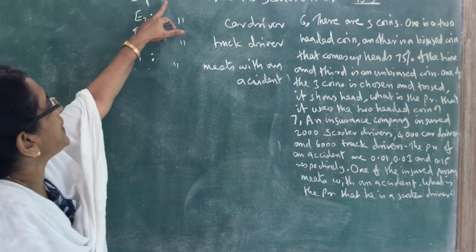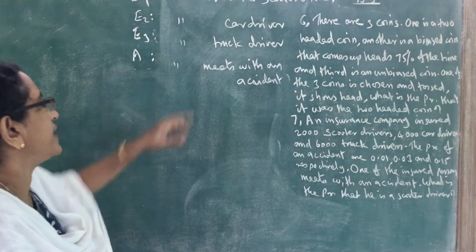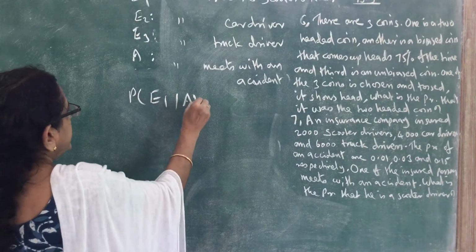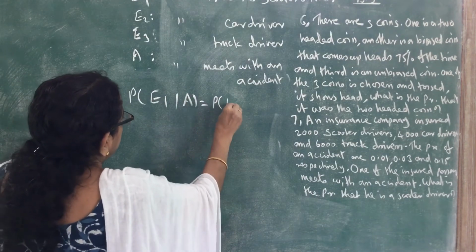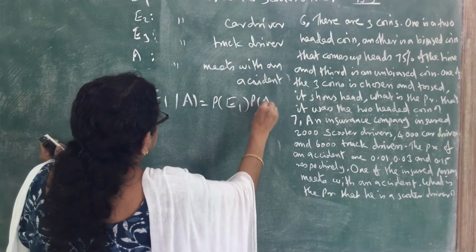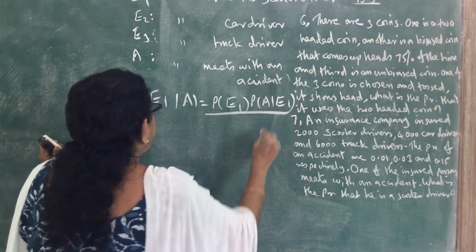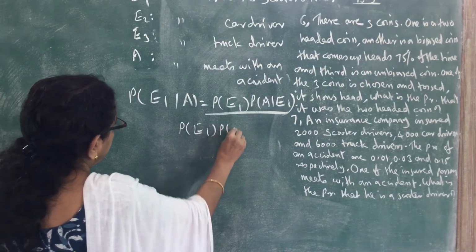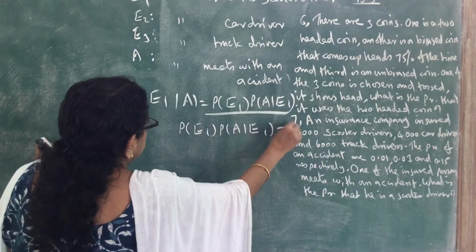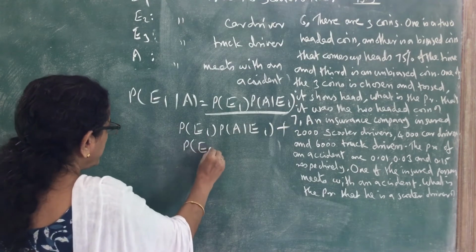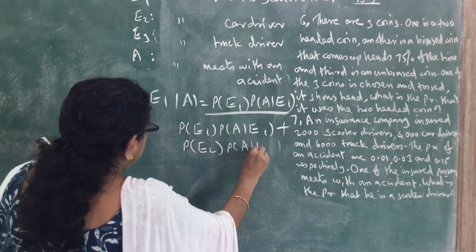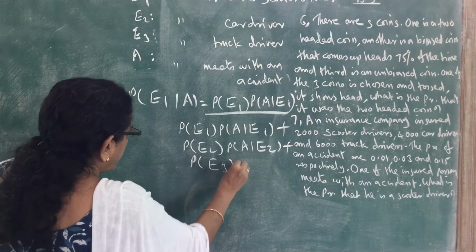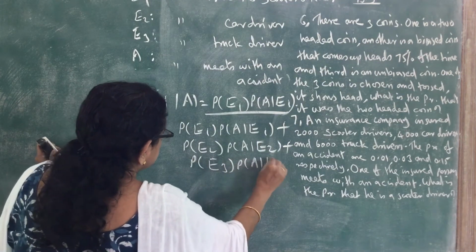So probability of E1 given A equals probability of E1 into probability of A given E1, divided by probability of E1 into probability of A given E1 plus probability of E2 into probability of A given E2 plus probability of E3 into probability of A given E3.